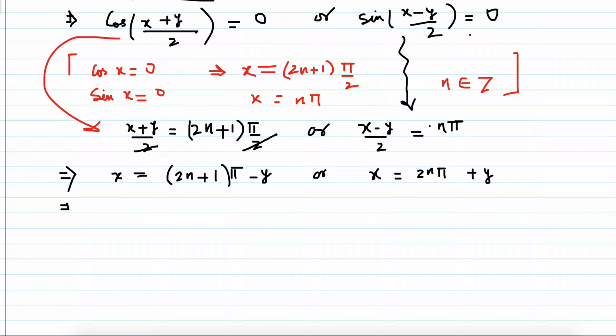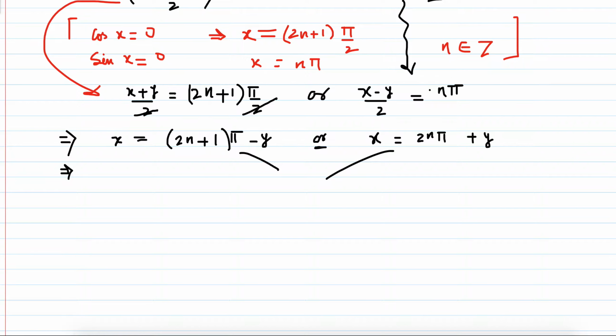Now we will try to combine these two expressions into one. So we will rewrite the first case. We see that x is either odd multiple of pi minus y, or even multiple of pi plus y.